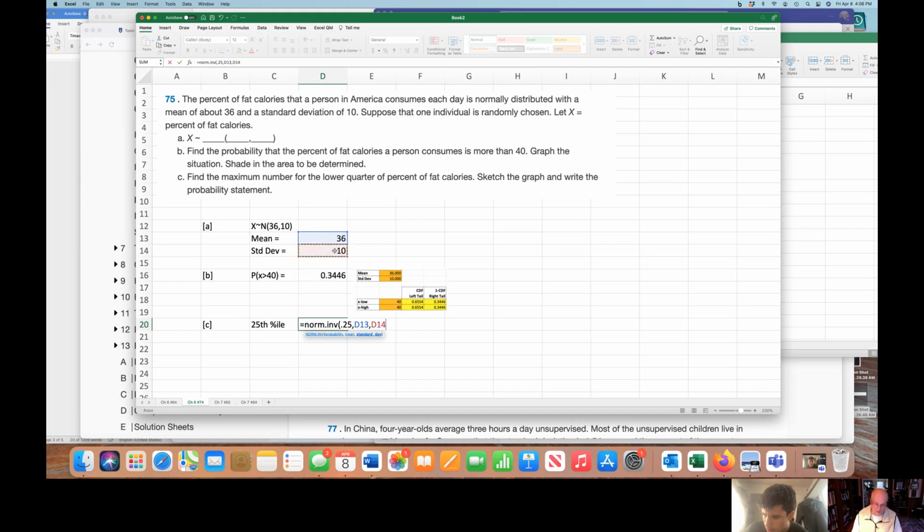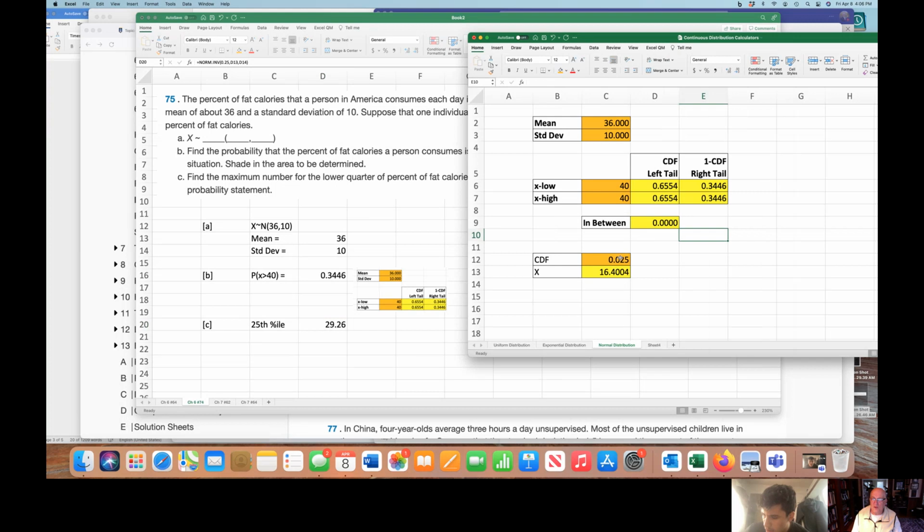The standard deviation is 10. Boom. So at that, it's like 29.26. How do I know I'm right? Well, let's put 25th percentile here, 0.25. And it gives us 29.2551, which rounds up to 29.26. Good.